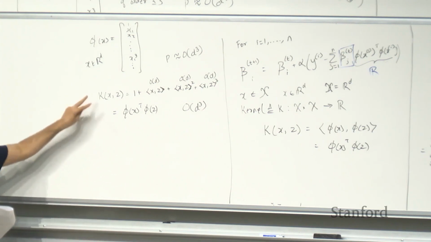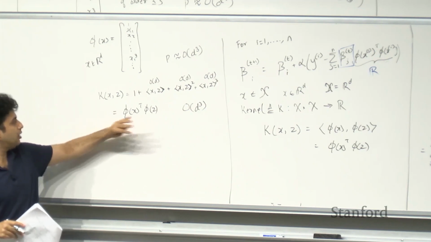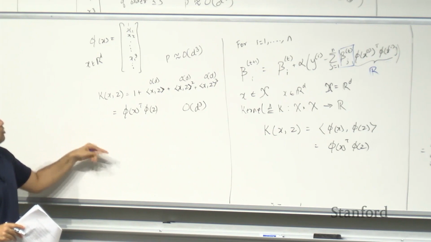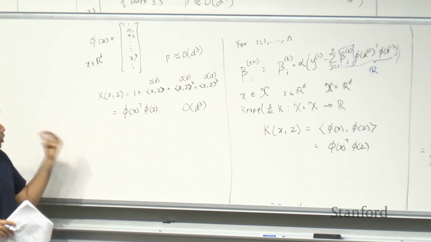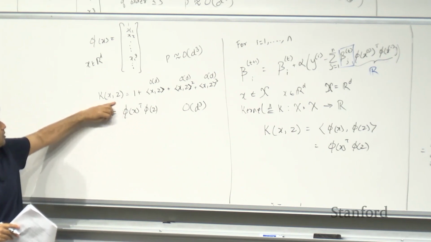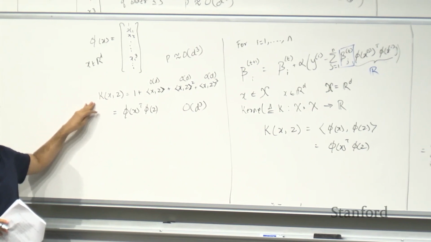So this is a computational trick where the dot product between 2 high dimensional feature maps can be compactly represented by a simpler, more straightforward function like this. Yes, question?